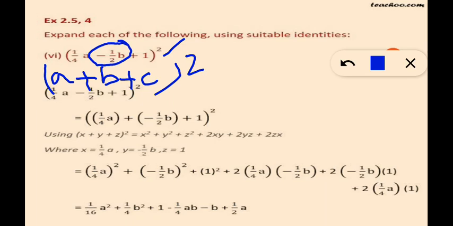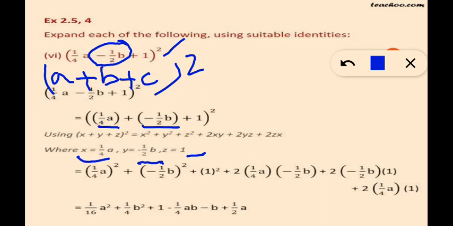So what will you do, students? Think what you will do. In the question we have a minus sign. Yes, we will take our b as a negative number, which means the value of b will be minus 1 by 2. The value of a will be 1 by 4a, b will be minus 1 by 2b, and c is equal to 1.